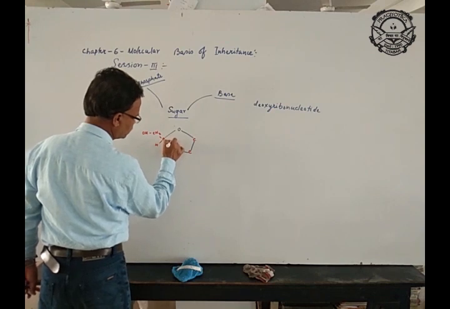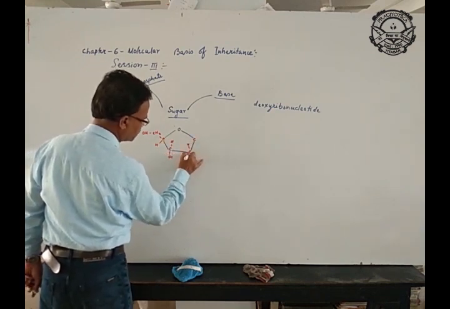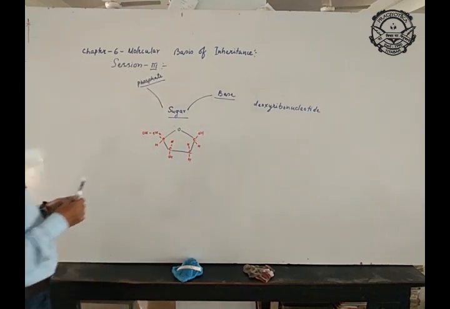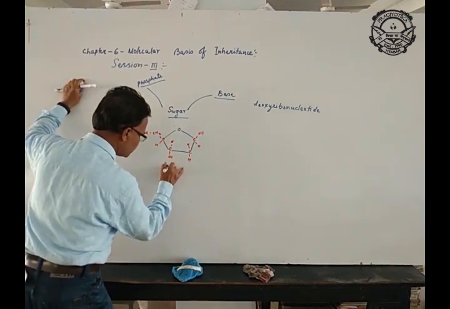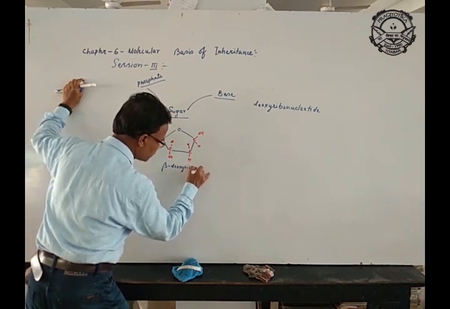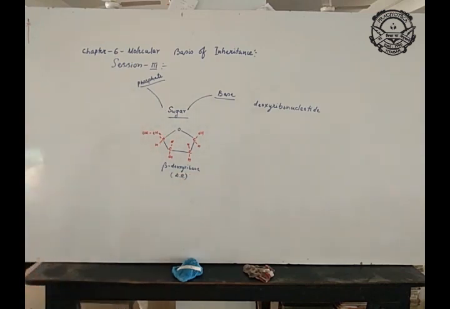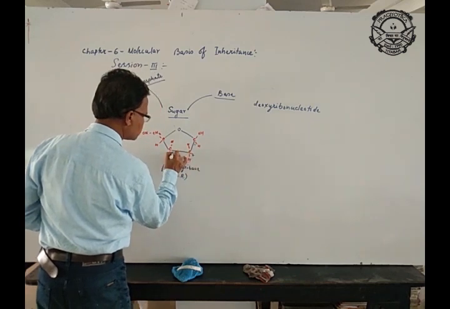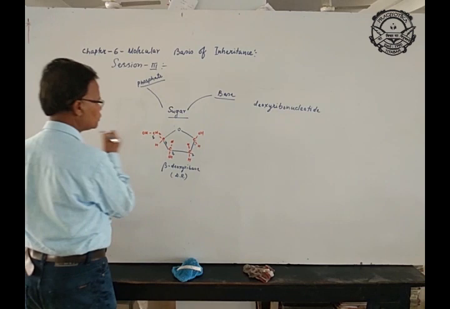At position number 3 there is H and OH. This is the structure of beta deoxyribose sugar, or simply deoxyribose, the central molecule. So position number 1 is carbon 1, carbon 2, carbon 3, carbon 4 and this is carbon number 5.